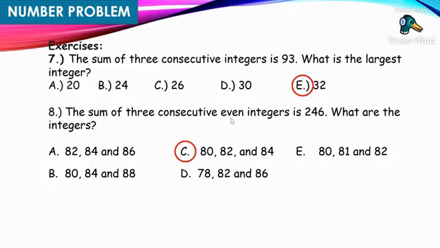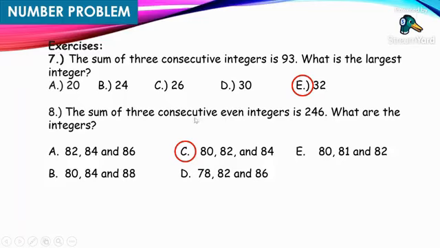Okay. If we're going to do elimination, eliminate po natin yung hindi po talaga pwedeng maging sagot. Based on the question that is consecutive even integers. So si letter E po, merong 81. So, ibig sabihin po, X na si E. Hindi po siya pwedeng maging sagot.